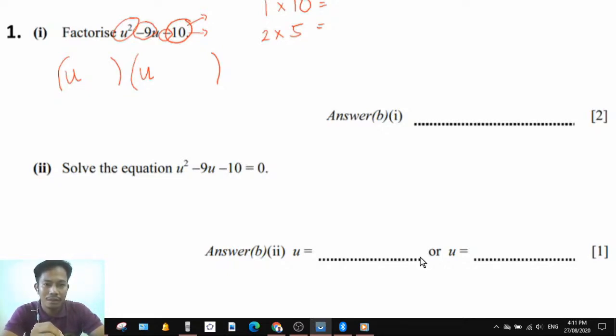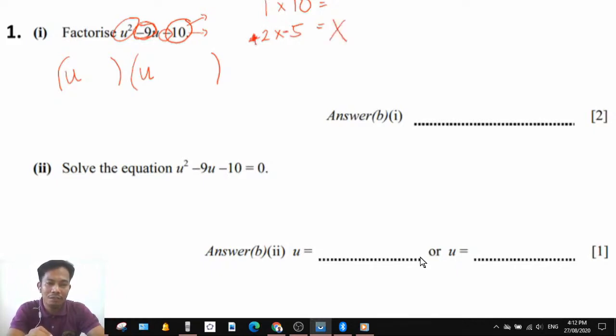Okay, if I put 2 and 5, 2 times 5 is 10. But if I make 2 a negative, negative 2 plus 5 is 3. So it cannot be. Or it can be, this will be positive and this will be negative. 2 plus negative 5 is negative 3. So it cannot be also. So I will not consider 2 and 5 already. 1 times 10. 1 times 10 is 10.